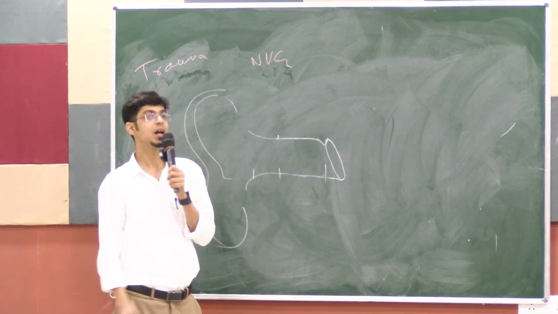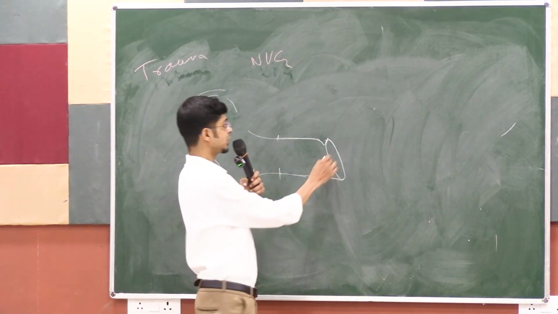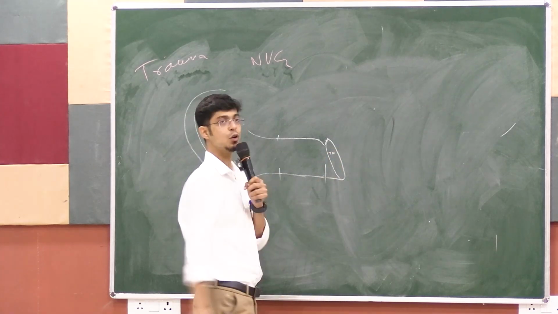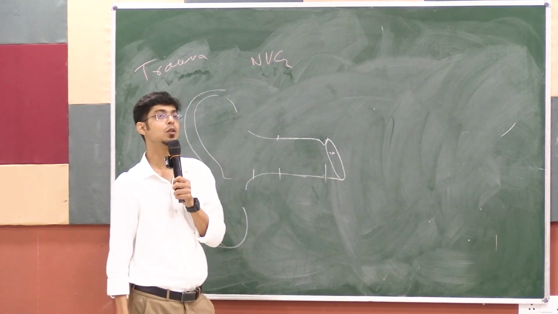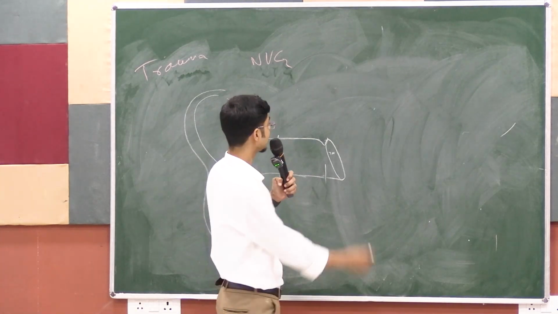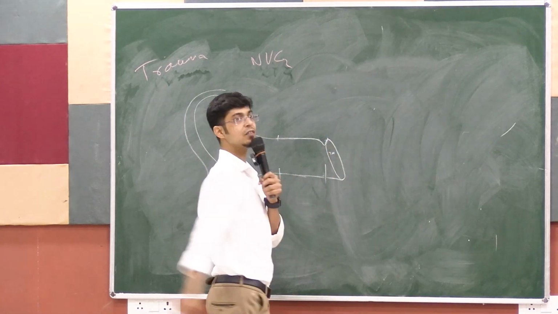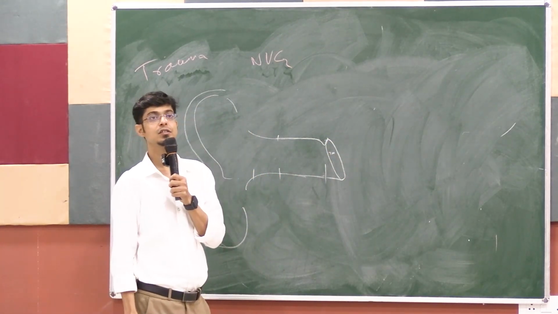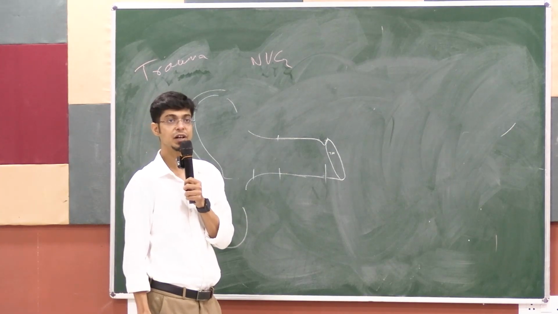So behind the eardrum, we have the ossicles, right? So what are the ossicles? Everyone knows it: the malleus, incus and the stapes. Okay. So the handle of the malleus is attached to the tympanic membrane, right?